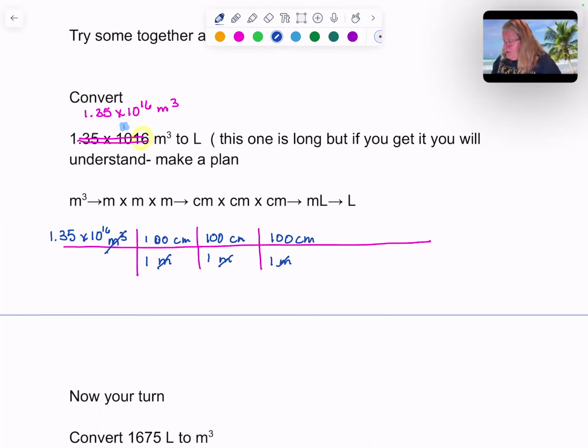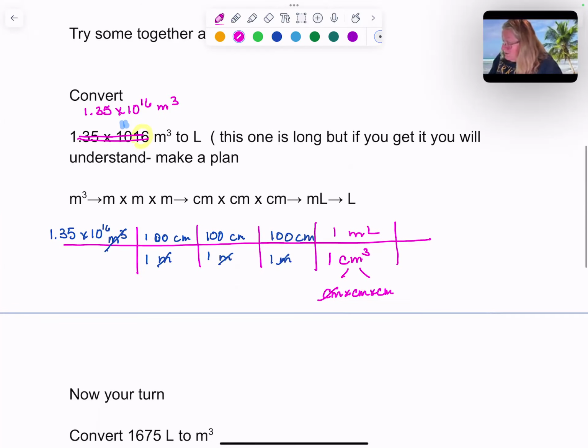Now my units are cubic centimeters here, but I need to use the conversion factor that 1 cubic centimeter equals 1 milliliter. If you need to expand this out to a centimeter times a centimeter times a centimeter, you can.